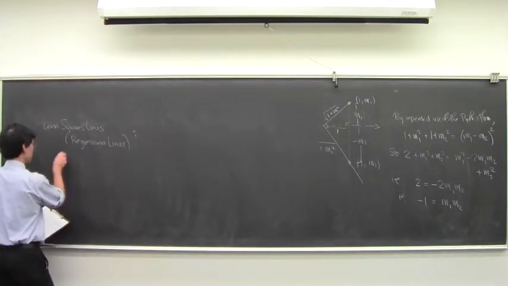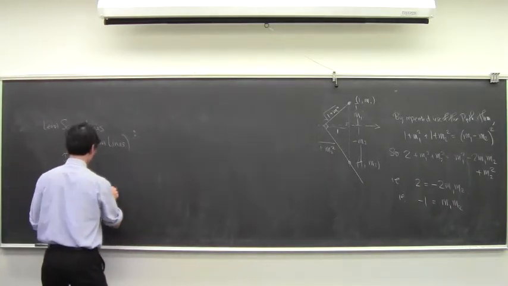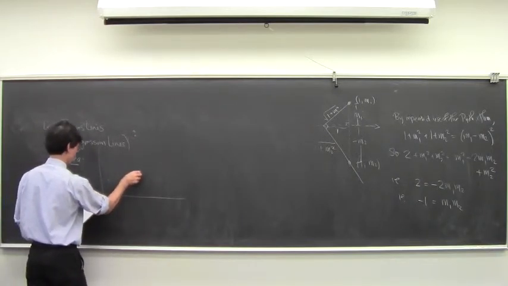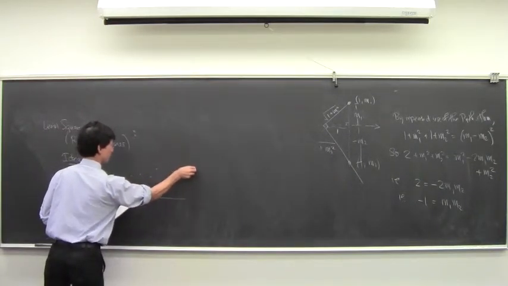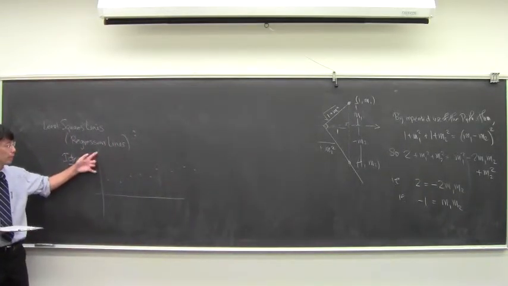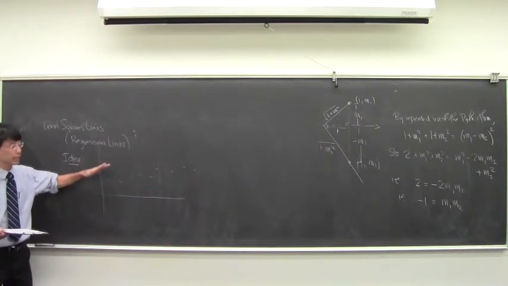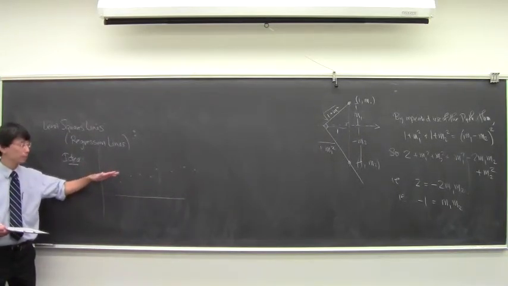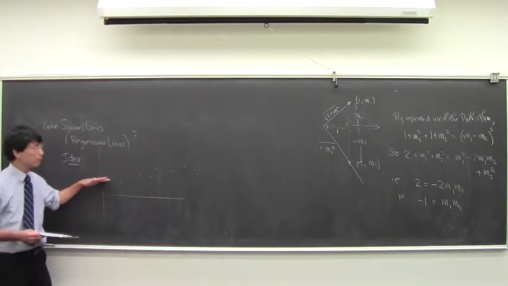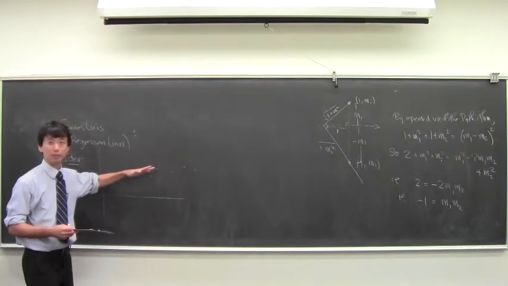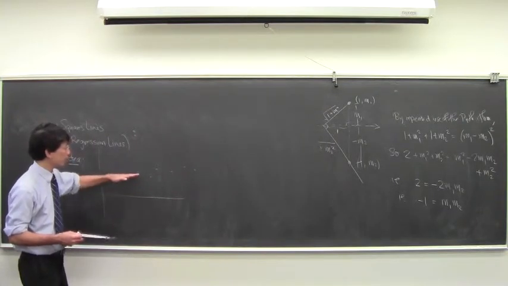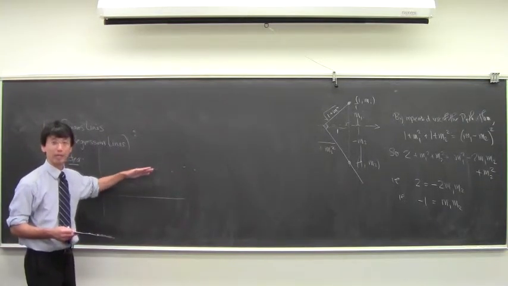So the idea is this. You have a bunch of data. Your data sort of shows that the two things involved, whatever they are, have a linear relation between them, roughly. And you'd like to have a line that expresses that relationship. Now, no line is going to work, because your data is not perfectly aligned.